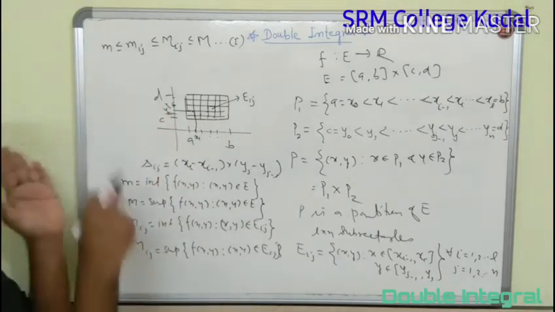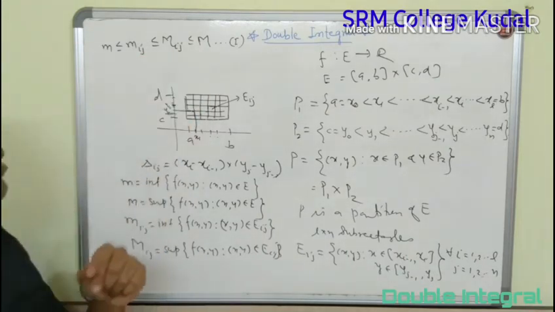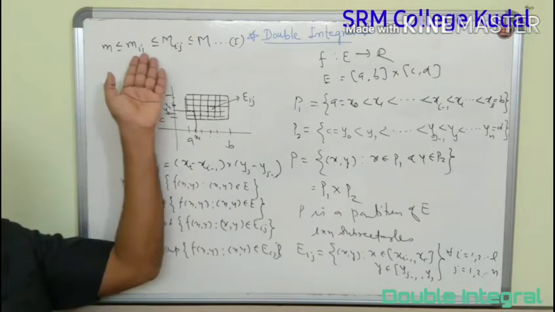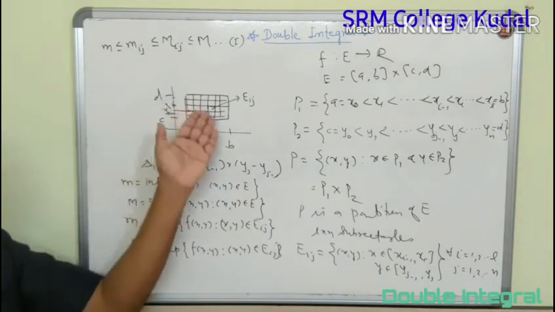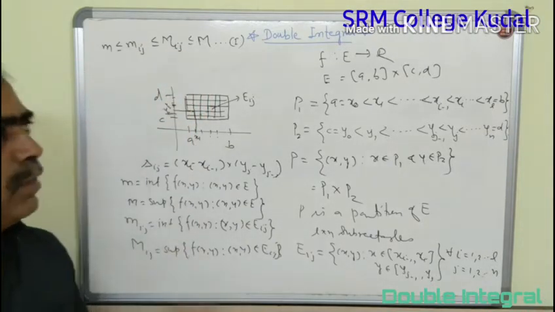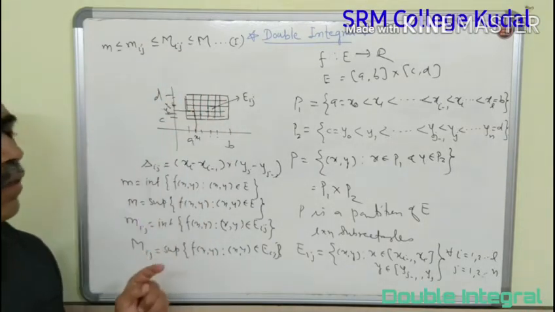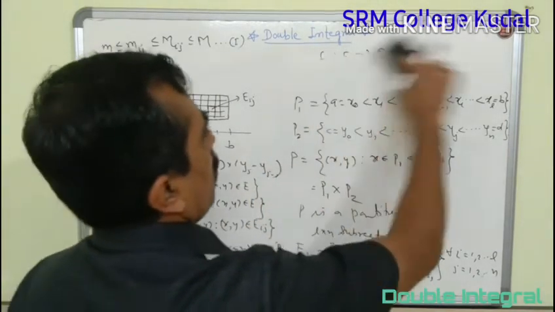As these are real numbers, they will satisfy this relation: small m less than or equal to m_ij, infimum less than or equal to supremum, and supremum on a particular part less than or equal to supremum on whole of the rectangle E.